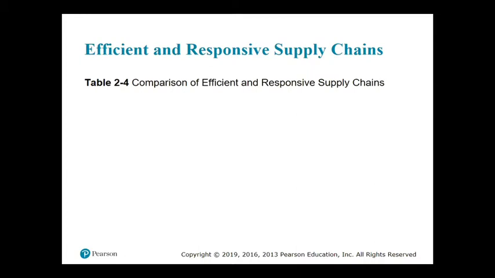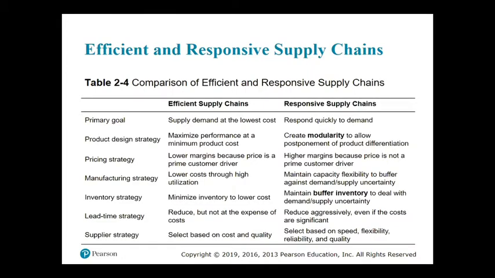All right, so now to summarize the distinctive features of efficient versus responsive supply chain. These two would serve different goals or different competitive strategies of a company.